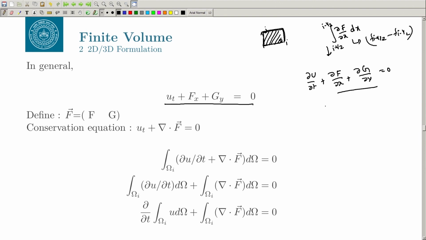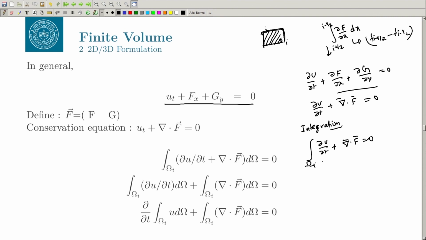So, what we can do, we can write this as del u by del t plus del dot f is equal to 0, and like we did for 1D, in 2D also we will use the integration in each cell, right. So, now it is del u by del t plus del dot f equal to 0, we will integrate it around the cell, right.